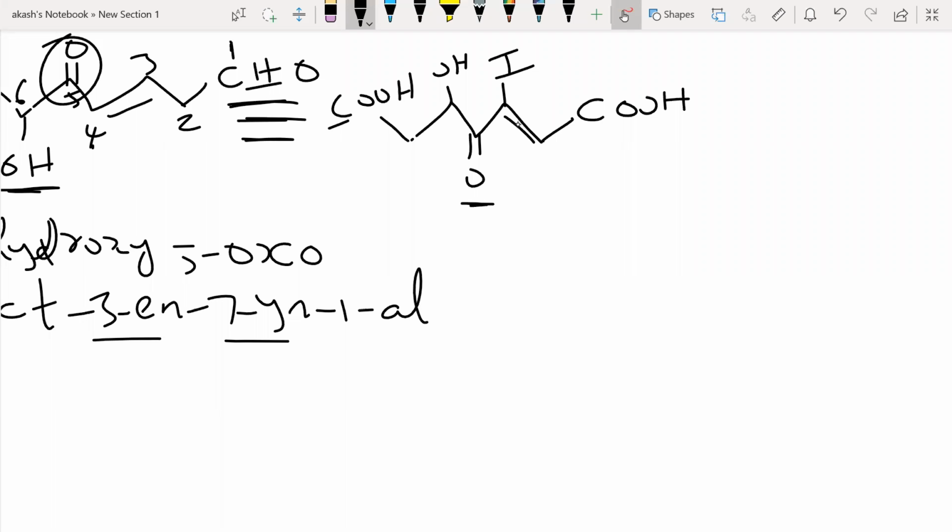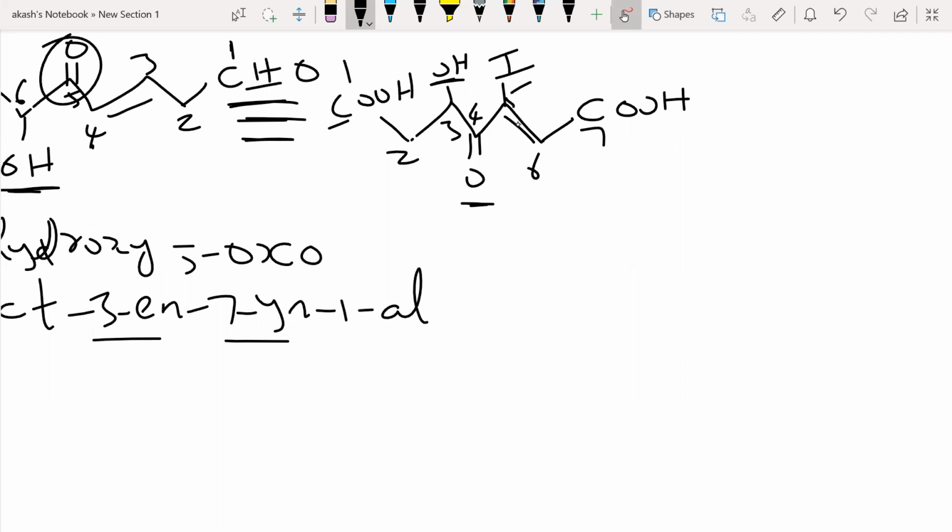Now the third priority is OH, which has to get the least possible number, so I definitely have to start numbering from the left. COOH carbon is 1, 2, 3, 4, 5, 6, and 7.